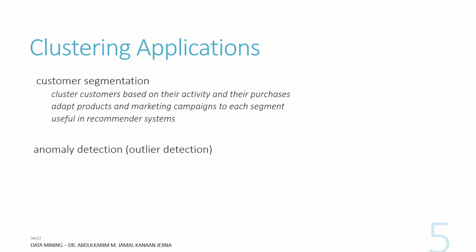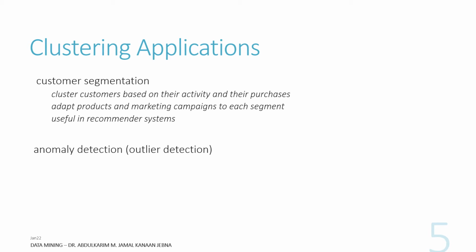Clustering has many applications. Here we have a few examples. Clustering can be applied for the customer segmentation problem. Assuming you have a dataset that contains the activity and purchases of the customers, and you are interested to segment these customers, to cluster them into different groups. Why can this be useful to you?